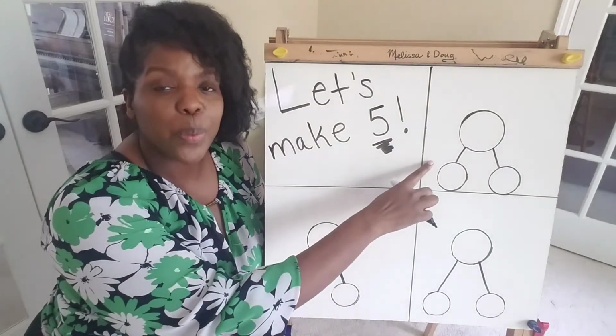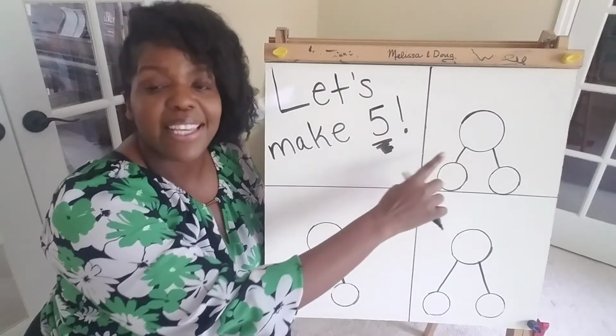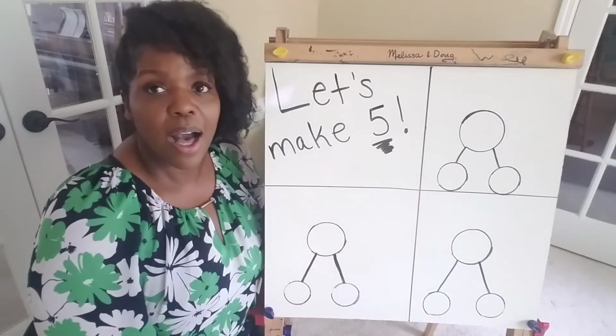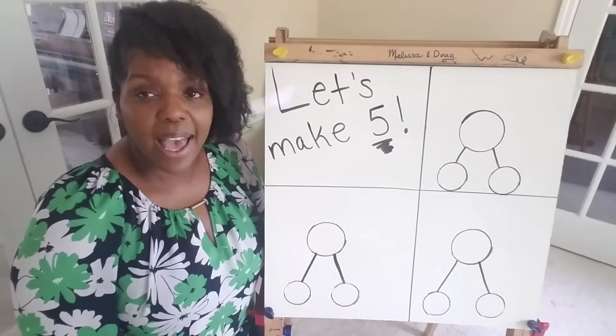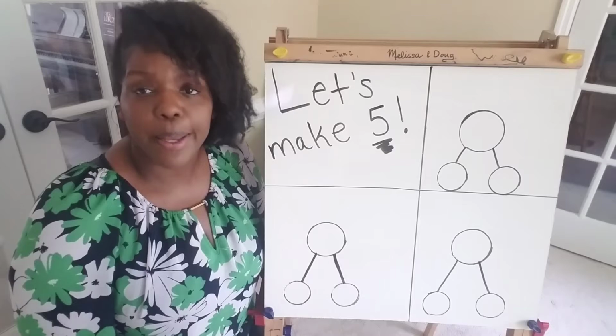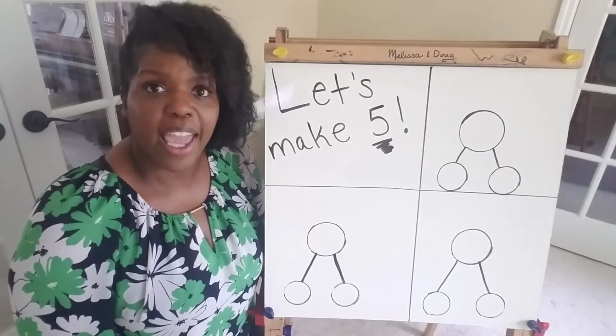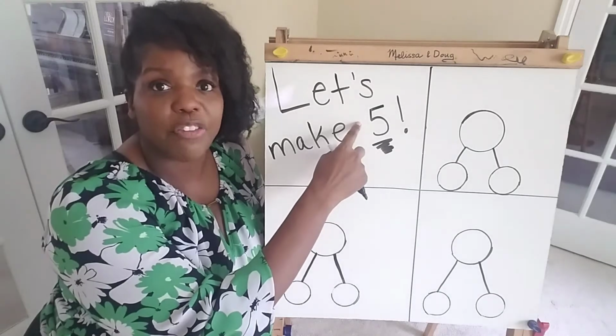Now this grid here, in mathematics, is called a number bond. And a number bond just helps us to visualize or see how we're actually breaking the number apart, okay? So the number that we are working with today is the number 5.